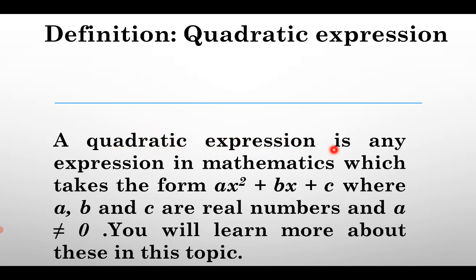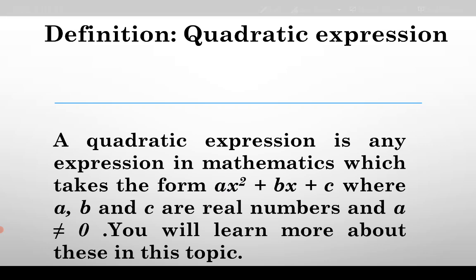A quadratic expression is any expression in mathematics which takes the form ax squared plus bx plus c, where a, b, and c are real numbers, and a is not equal to 0. So you're going to learn more about this in this topic. Any expression of this form is called a quadratic expression.